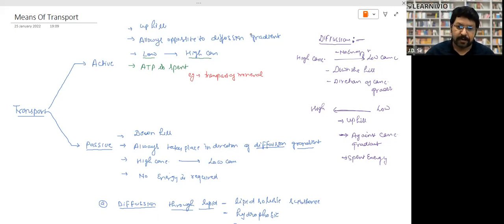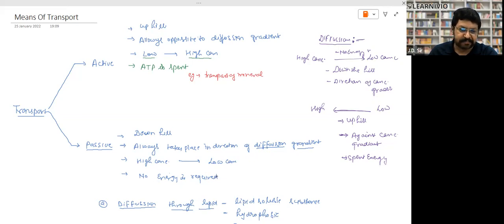So look, let's first talk about passive transport. In passive transport, it is always downhill, meaning it always takes place in the direction of the diffusion gradient, from higher concentration to low concentration, and no energy is required.